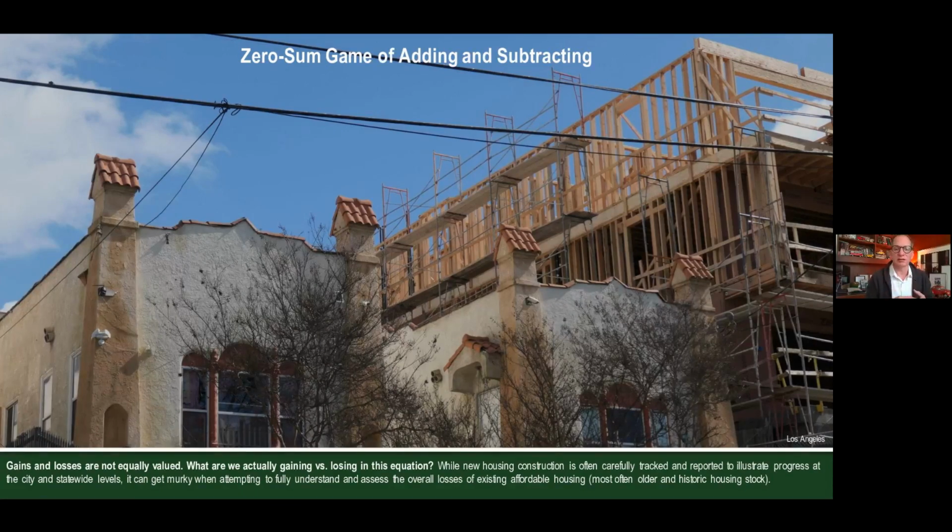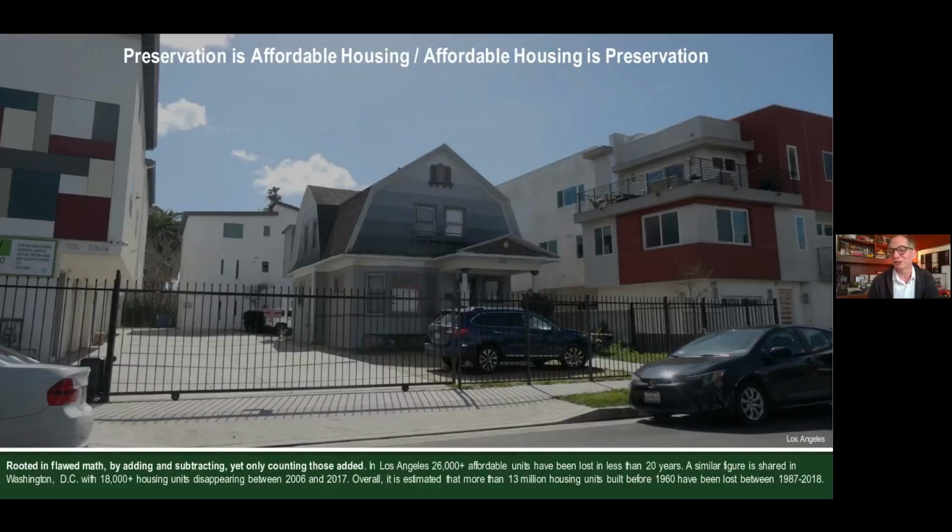I'll talk more about naturally occurring affordable housing, but that's often within older and historic buildings. We're losing those sometimes to gain new housing, but maybe we're losing more of the affordable than what we're gaining of the new affordable in the new construction.